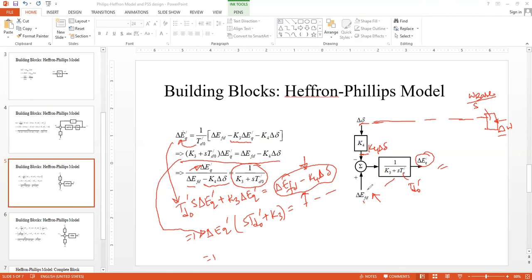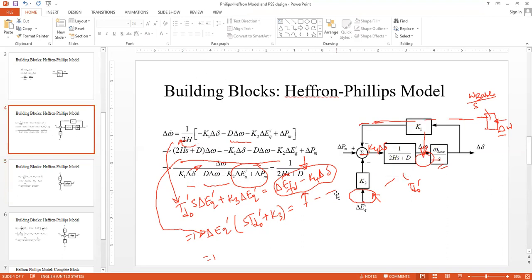Now the thing that is left is simply this delta EFD, from where we are getting it. So this del Eq prime, you see it is getting available here. It is available now. In the previous slide, we said we'll take it, we'll get it. So this is delta Eq dash. It is getting into the block of K2 gain block.